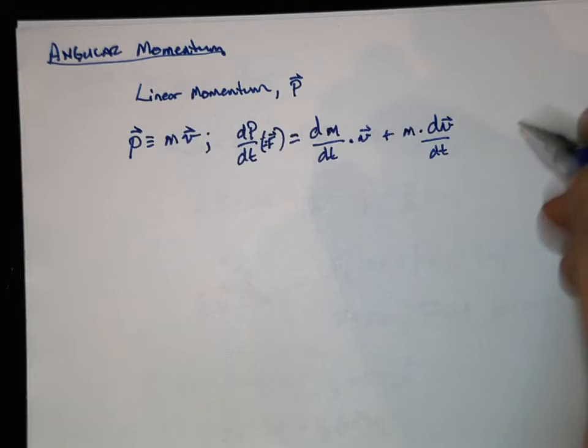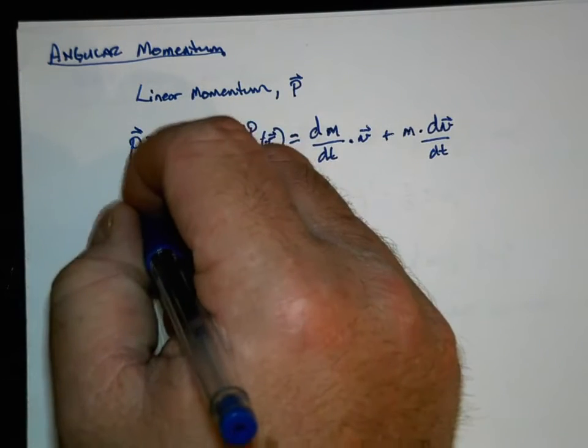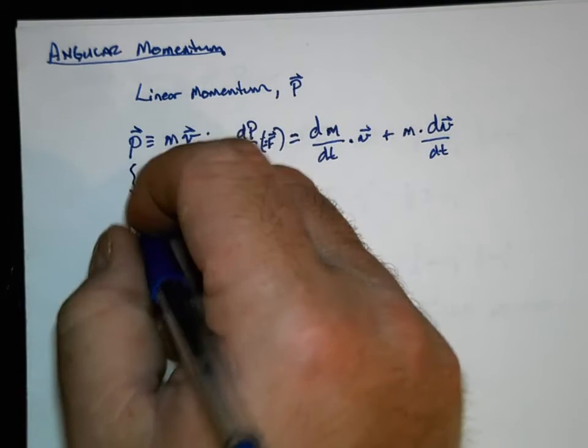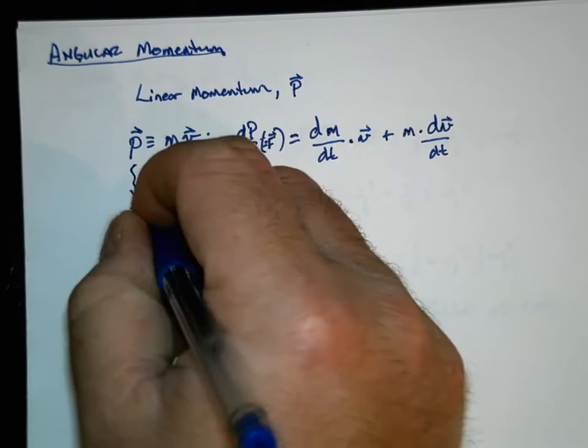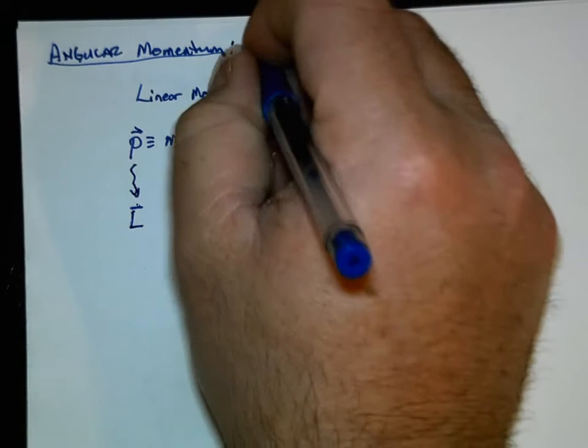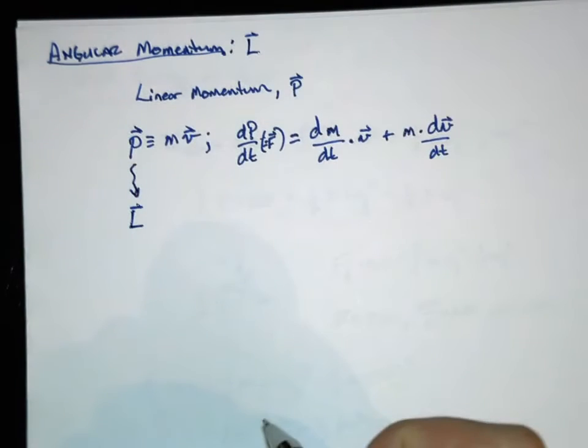But, of course, these have direct analogs, and for angular momentum we are going to call it L. L is our angular momentum.